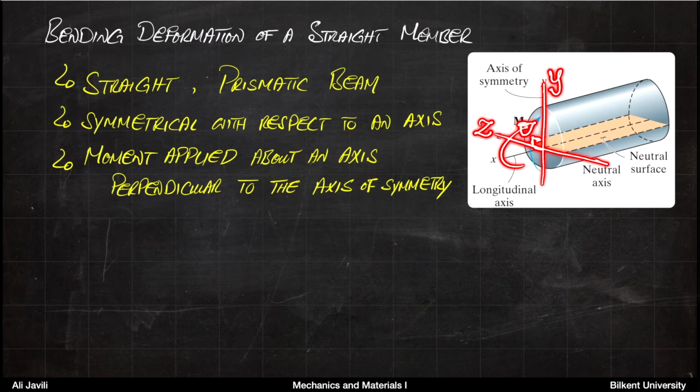This is exactly the assumption that we just talked about: the moment is applied about an axis perpendicular to the axis of symmetry. Also, you can see that we have symmetry with respect to at least one axis. So this is the axis of symmetry, and it's also a straight prismatic beam.